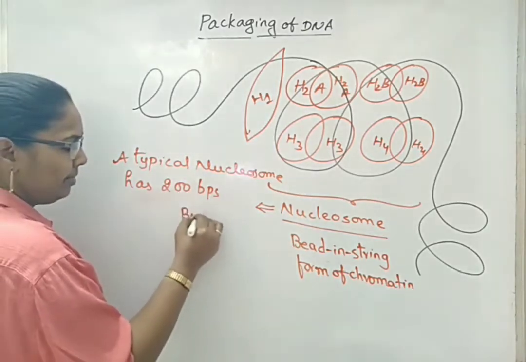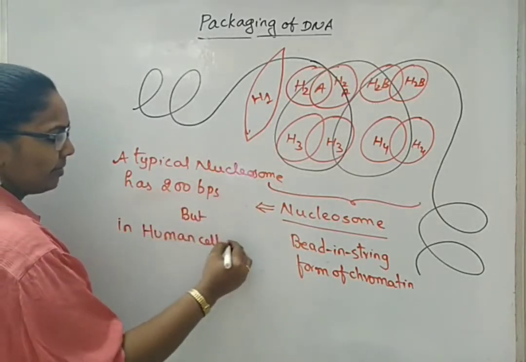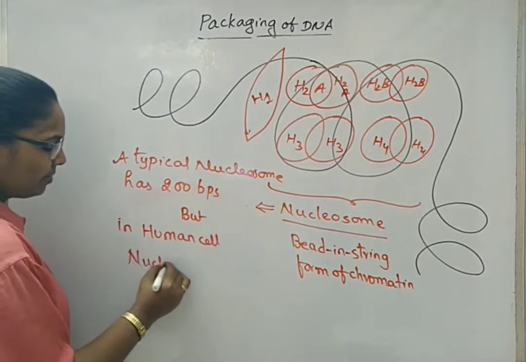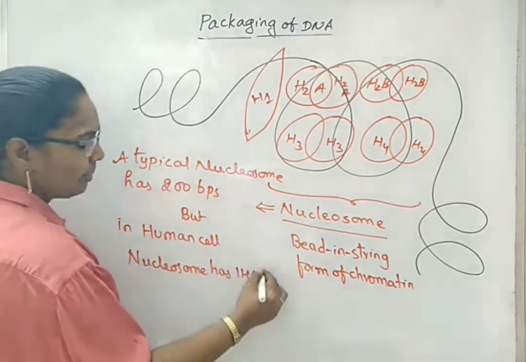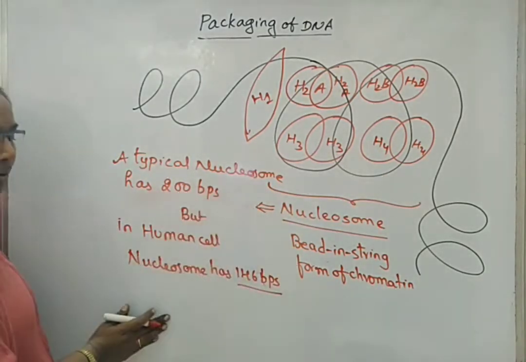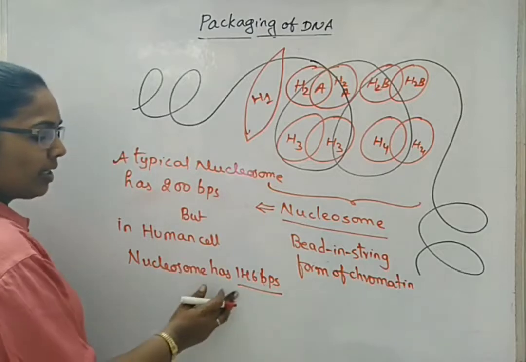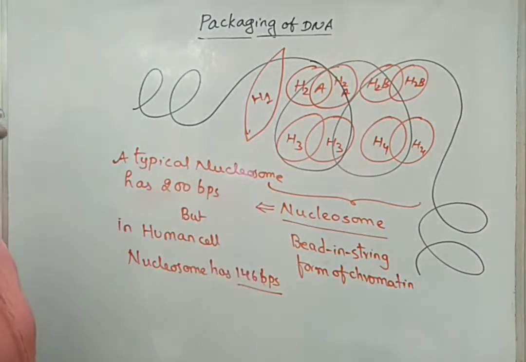But in human cell, nucleosome has 146 base pairs. The length of DNA in case of nucleosome of human cell is having 146 number of base pairs.